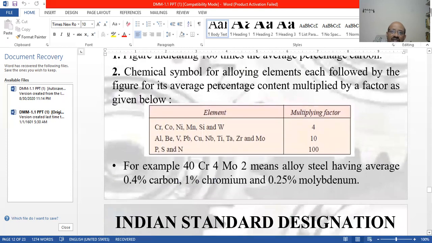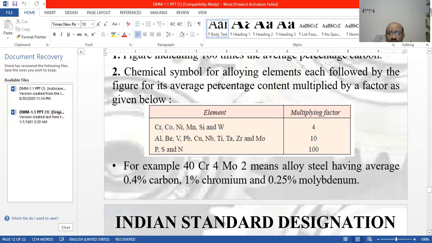So the first thing is the element, and the multiplying factor is different. Element and multiplying factor: chromium, cobalt, nickel, manganese, silicon, vanadium, we multiply by 4.